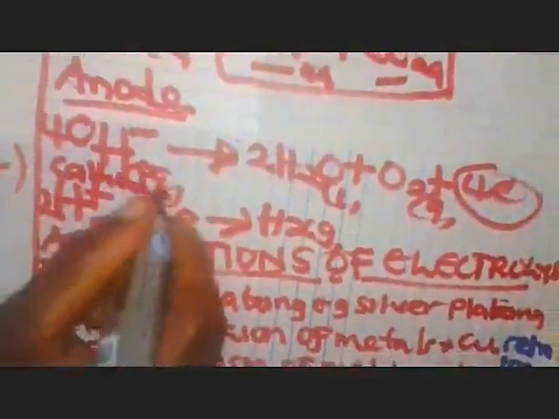Our gas like that. Then at the cathode, of course, electrons which you have lost here by oxidation, you are going to gain them. So the hydrogen ions will gain the electrons we have lost there to form again what we call hydrogen gas. So our observation now, this one is at the cathode. Don't forget. That is the cathode.